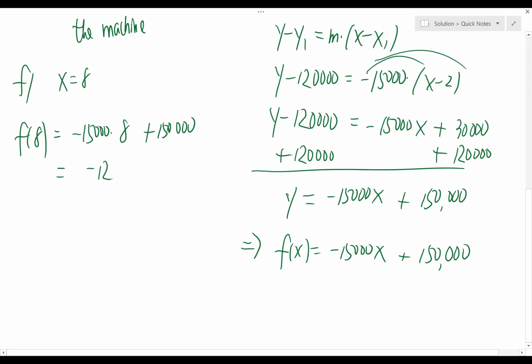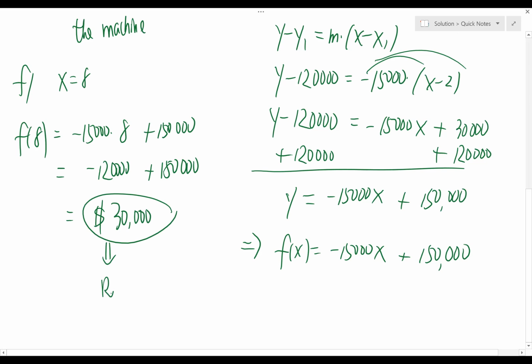So this is negative 120,000 plus 150,000, and that turns out to be $30,000. Meaning after 8 years, the residual value of the machine is $30,000. We call this residual value, meaning remaining value, right?